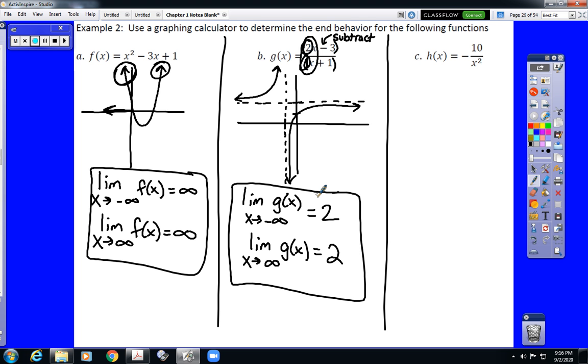Finally, for the graph of negative 10 over x squared, that is also a graph that has an asymptote. That asymptote is at x equals 0. So it's this line right here is the asymptote.